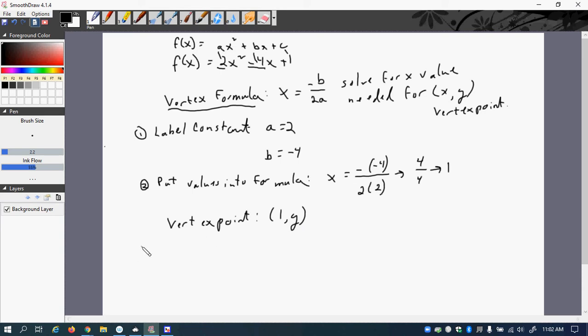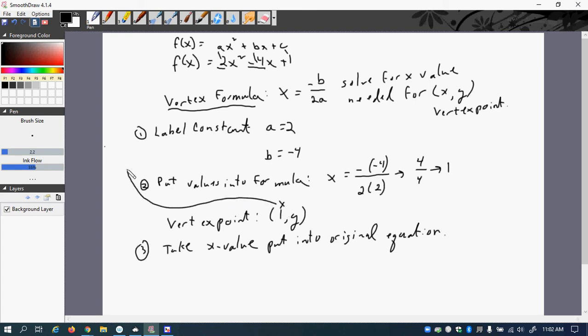So my third step is to take the x value and put into the original equation. So that means I'm going to take this 1, that's x, and go back all the way to putting it into the formula. So that's going to be f of 1, sorry.